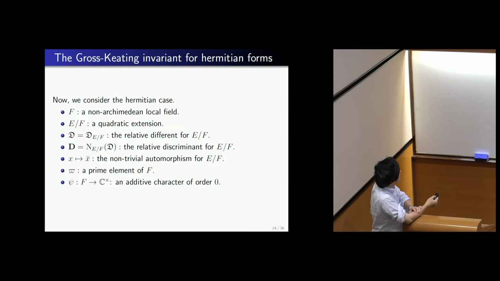And now script D is the relative different for E over F, and d_E is the relative discriminant of E over F, and x to x bar is the non-trivial automorphism of E over F, and pi_F a prime element of F, and psi is an additive character of order 0.